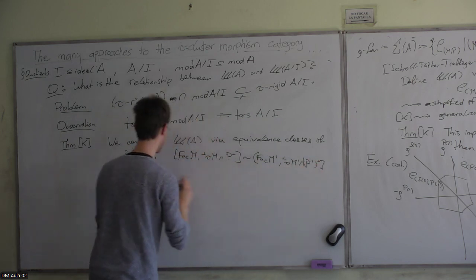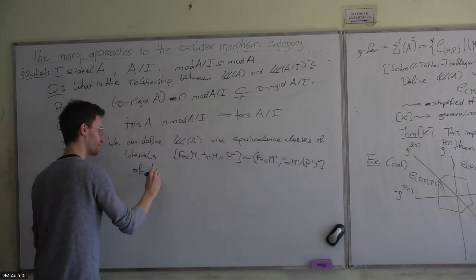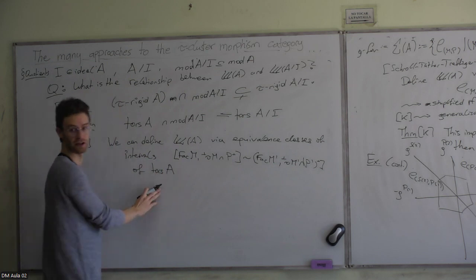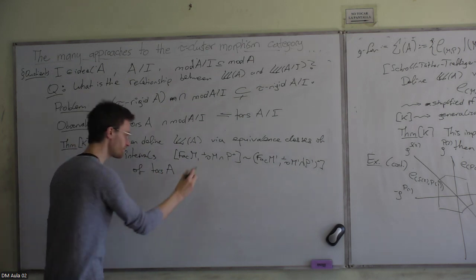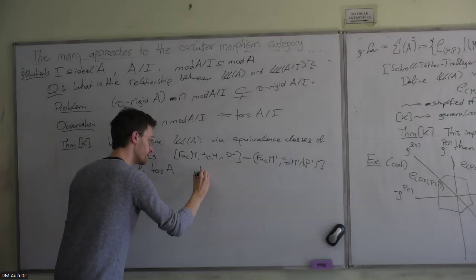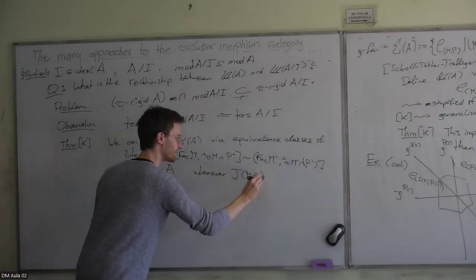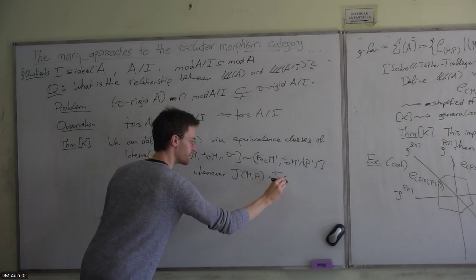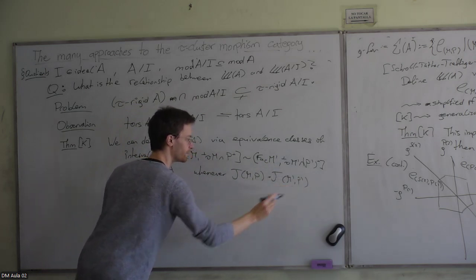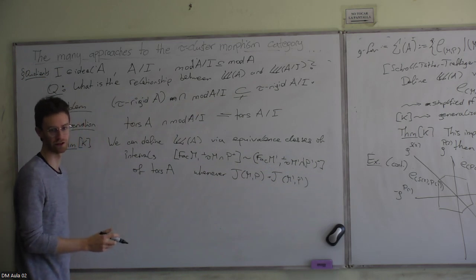Okay, so these are intervals of the poset of torsion classes, and I identify them whenever these perpendicular subcategories coincide. So again, we can believe that it gives you the same subcategory.